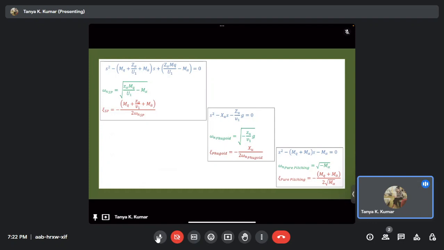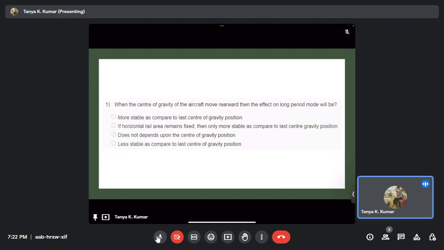So now let's go over the questions. When the center of gravity of the aircraft moves rearward, then the effect on long period mode will be. What will be the answer of this? Will it be more stable as compared to last center of gravity position? If the horizontal tail area remains fixed, then only more stable as compared to last center of gravity position. Does not depend on center of gravity.